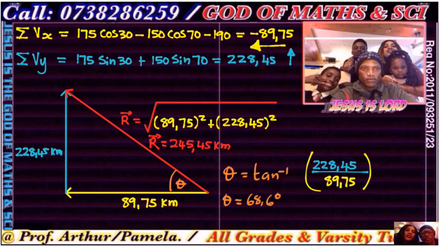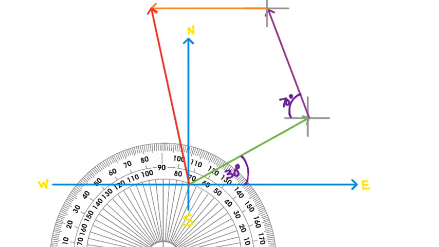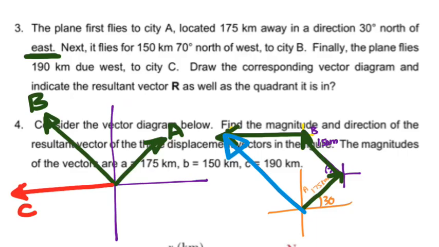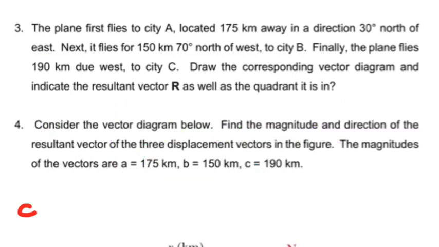Or I'll just say above the negative x axis, or you can use whatever, north of what, south of what, whatever. You're moving from west going to the north, 68 degrees north of west. All right, so now it's fully done, this one. I think now you're happy with this one. We good, right? You must be happy. All right, so done.